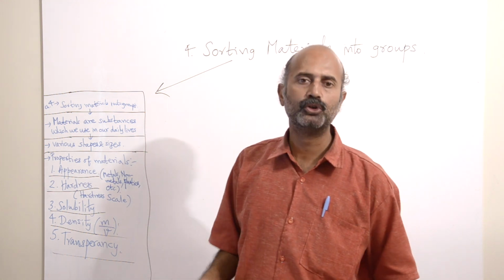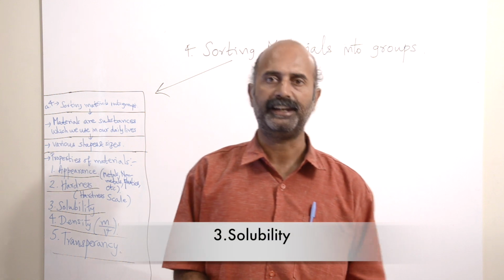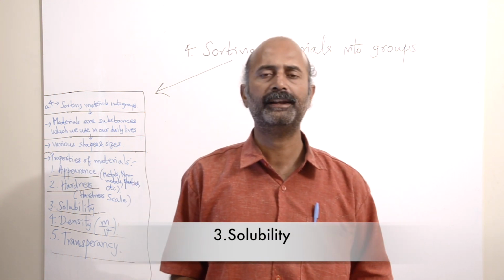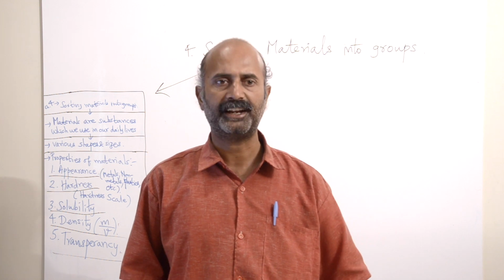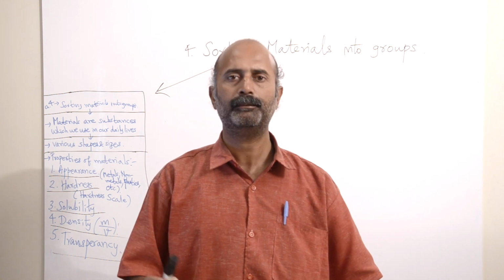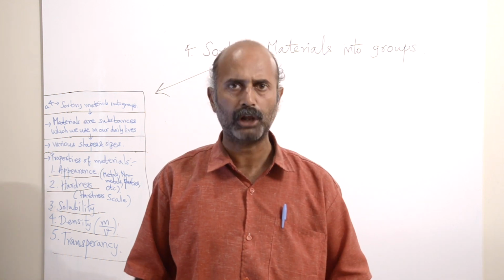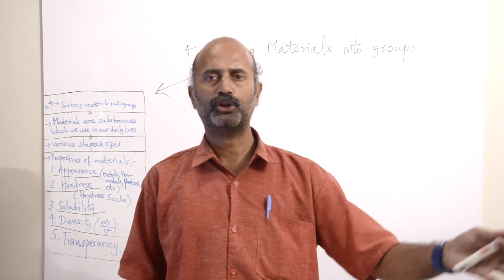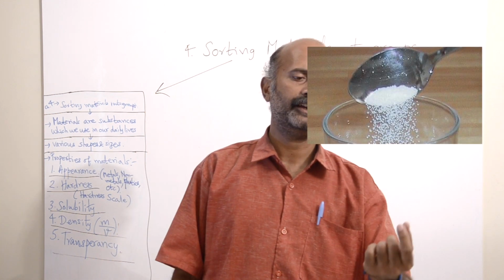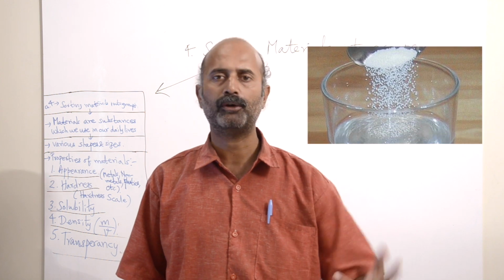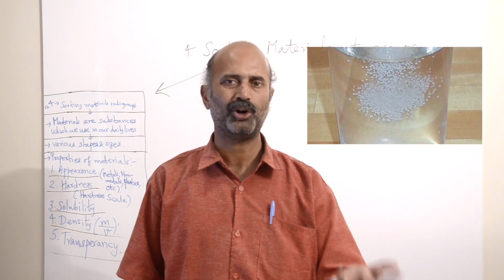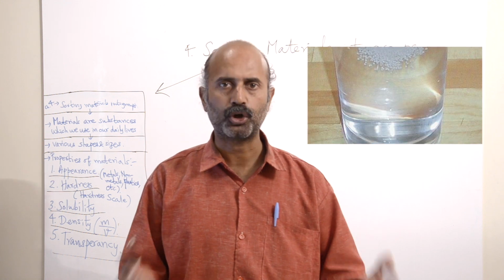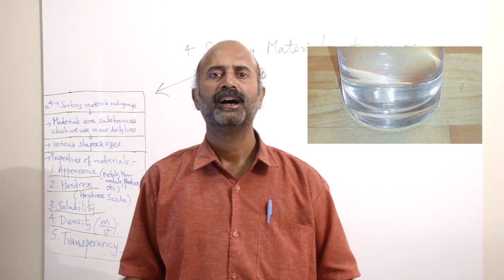Then another useful property is solubility. What do you mean by solubility? Solubility is whether you can dissolve a material in a liquid, mainly water, because water is a universal solvent. If you take some salt or sugar and dissolve it in water, in a few seconds it will be completely soluble and invisible.